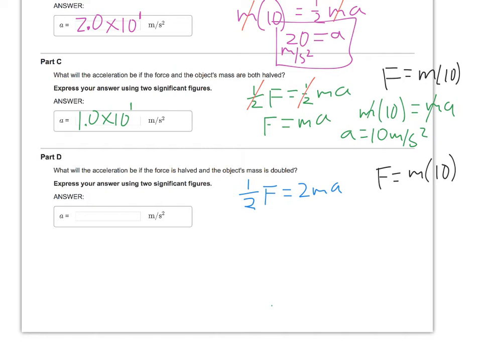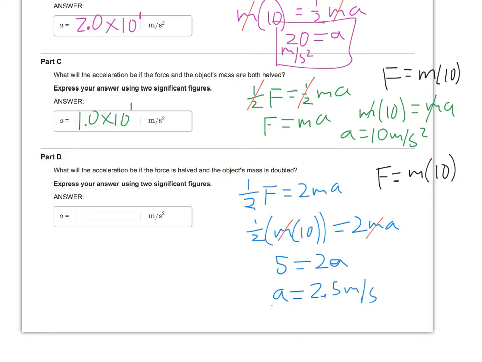And so what I'm left with is 1/2 m times 10 is equal to 2ma. My m's will cancel out here. I'm going to multiply 1/2 by 10, so I get 5 is equal to 2a, which means my acceleration is equal to 2.5 meters per second squared. And that already is to 2 sig figs, so we can just answer 2.5.